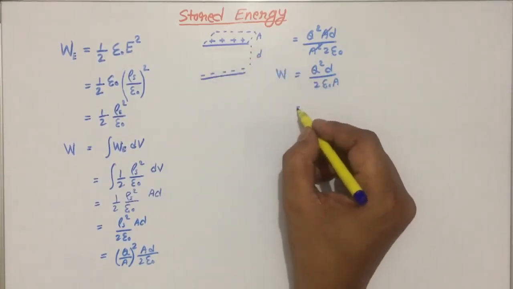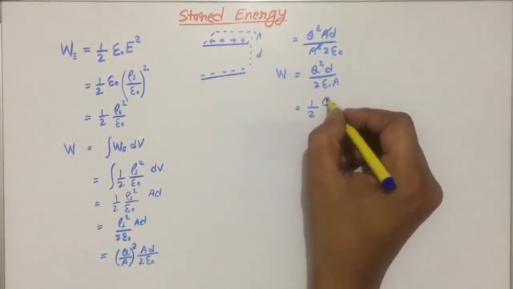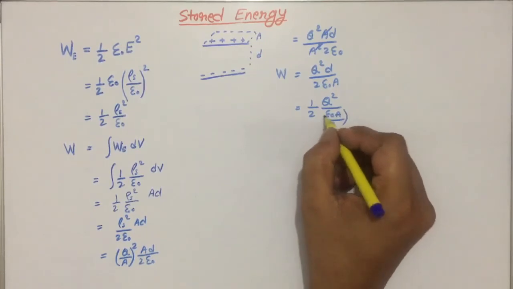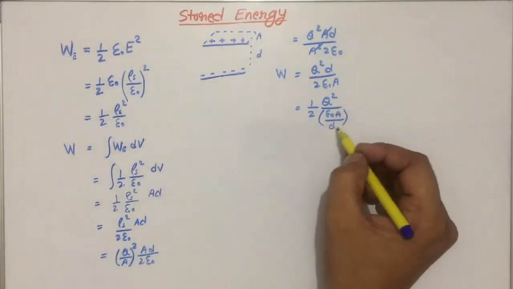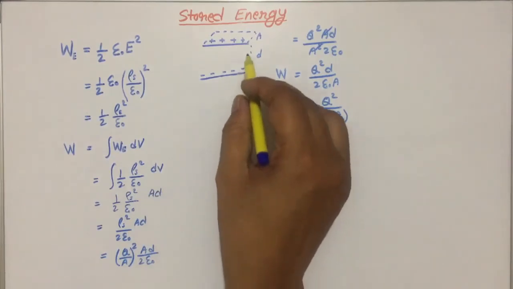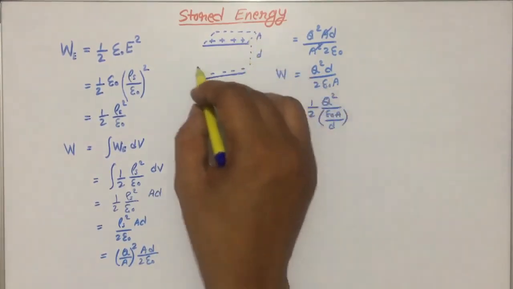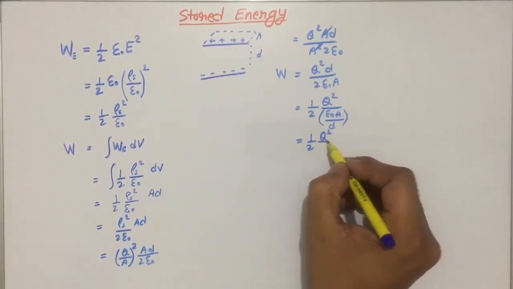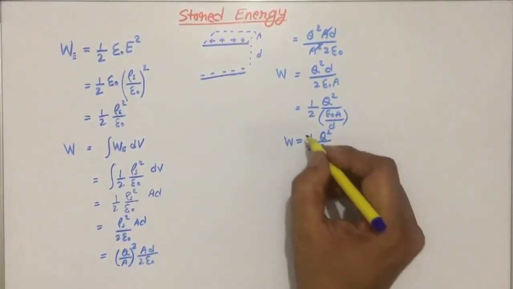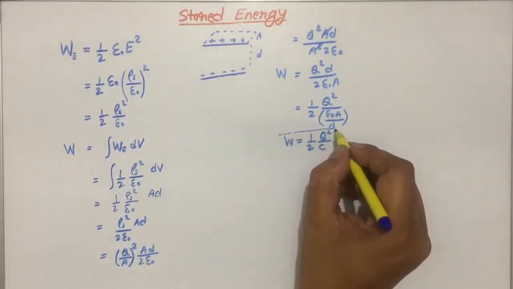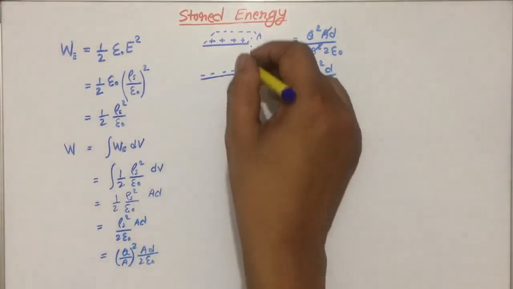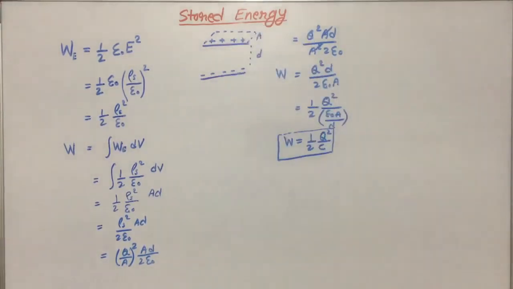In simplified form, we can write Q square by epsilon naught A by D. What is this? This is simply the formula for C in this case. So we can write half Q square by C. This is the total energy that can be stored in the capacitor.